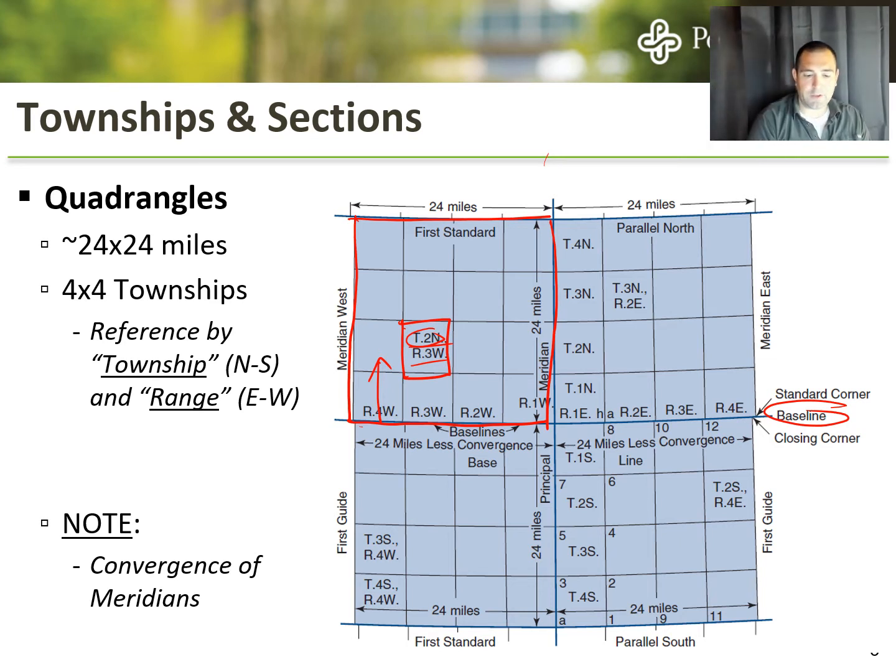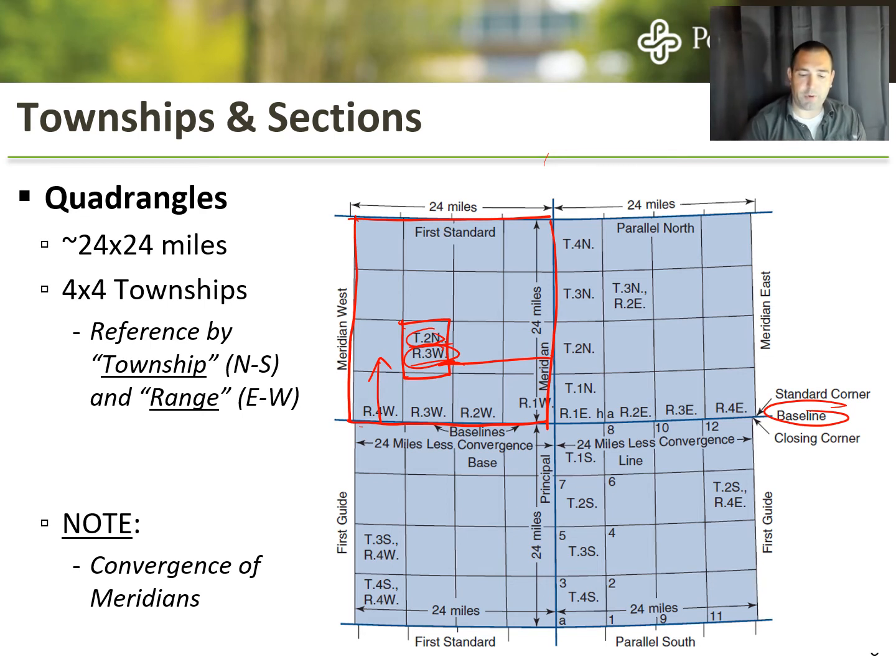The range is R, which stands for range, and that is 3 areas to the west of the principal meridian. So this is township 2 north, range 3 west. That's how we would address that township, that 6 by 6 mile rough rectangle.